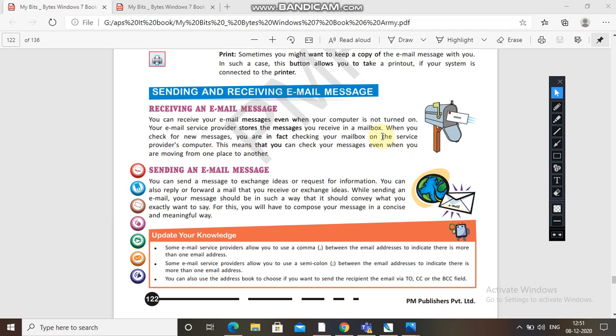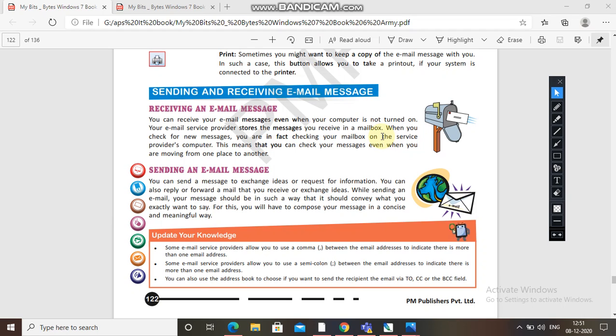Your email service provider stores the message you receive in a mailbox, and when you check for a new message, you are in fact checking your mailbox on the service provider's computer. So this means that you can check your message even when you are moving from one place to another.